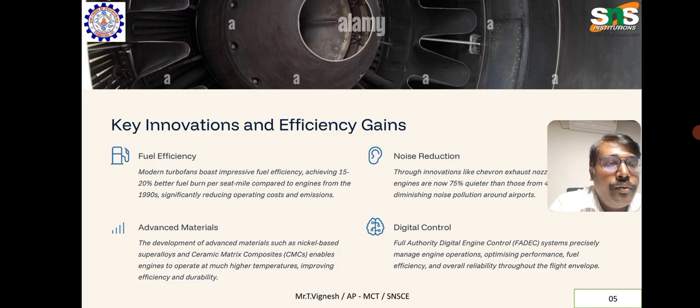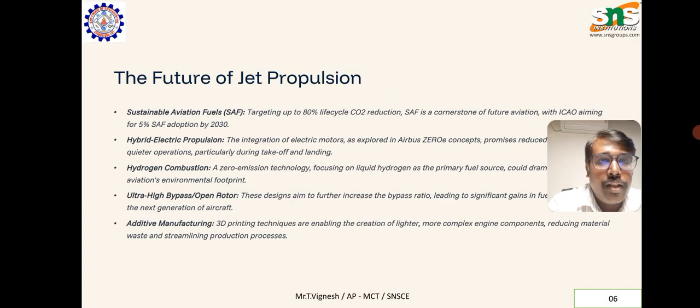Full authority digital engine control systems precisely manage engine operations, optimizing performance, fuel efficiency, and overall reliability throughout the flight envelope. In the future, sustainable aviation fuels are targeting a reduction of carbon monoxide and carbon dioxide.